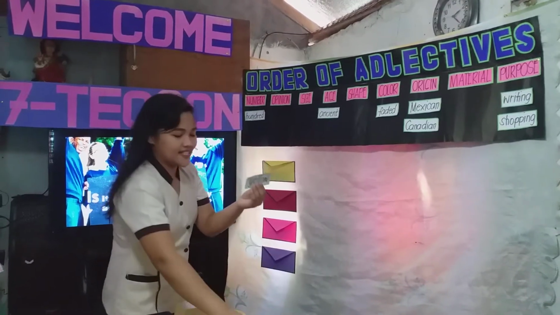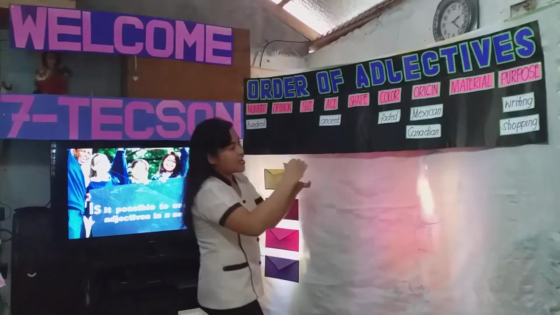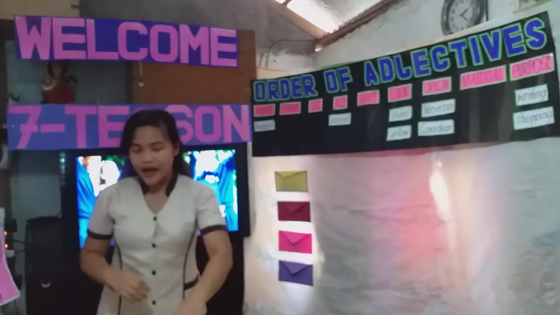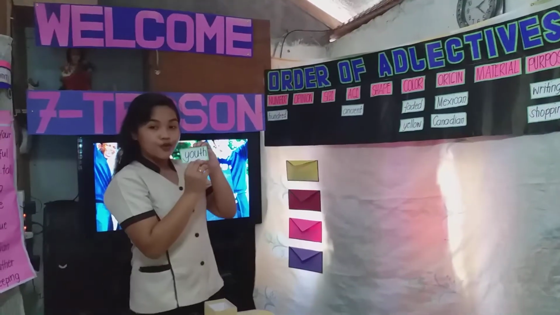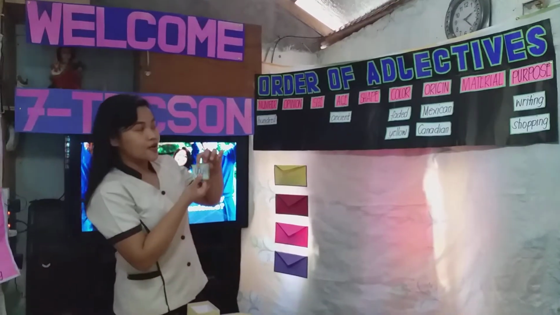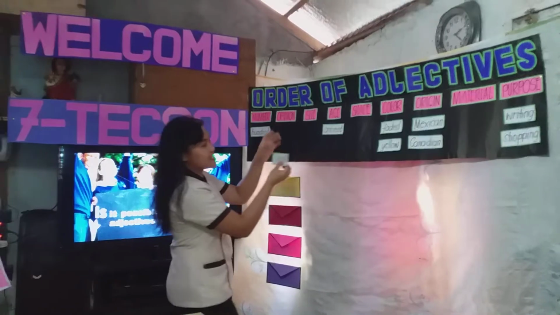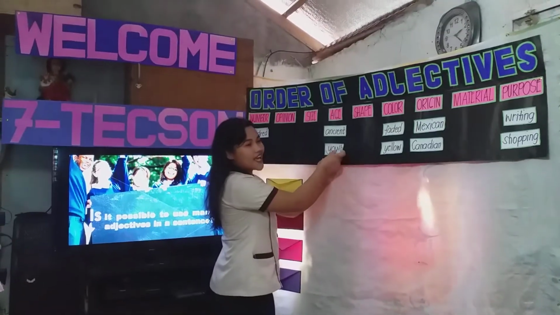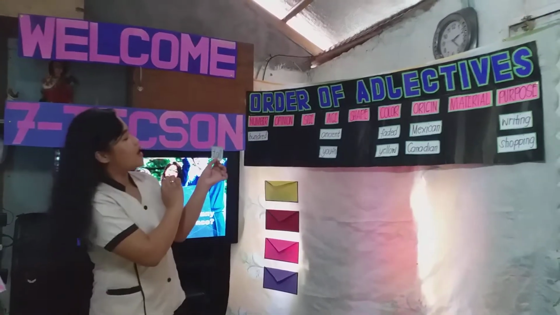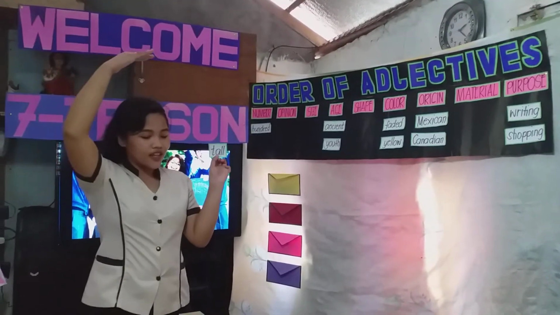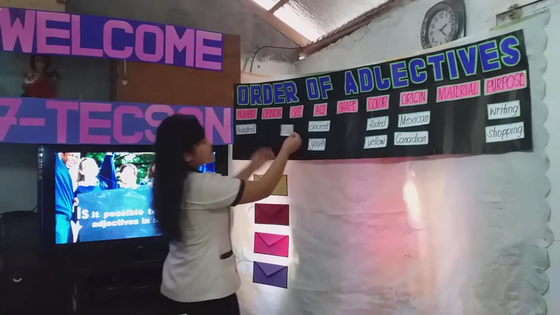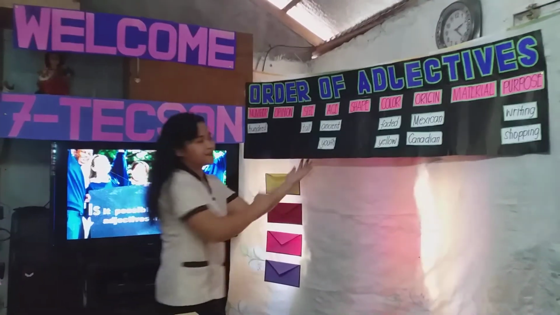Yes, this is in the color type of adjective. How about youth? So when you say youth, you are referring that something is not old, but it is youth. Very good. Next, we have tall. When you say tall, yes, very good. This is in the size column.